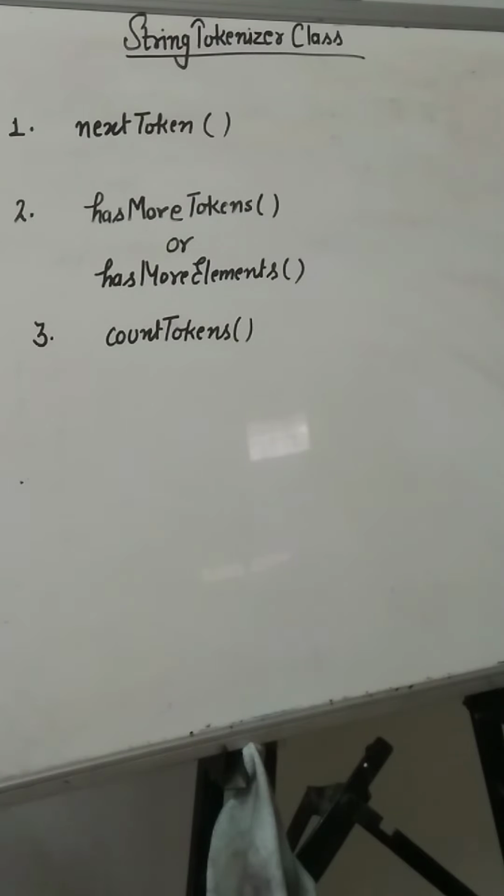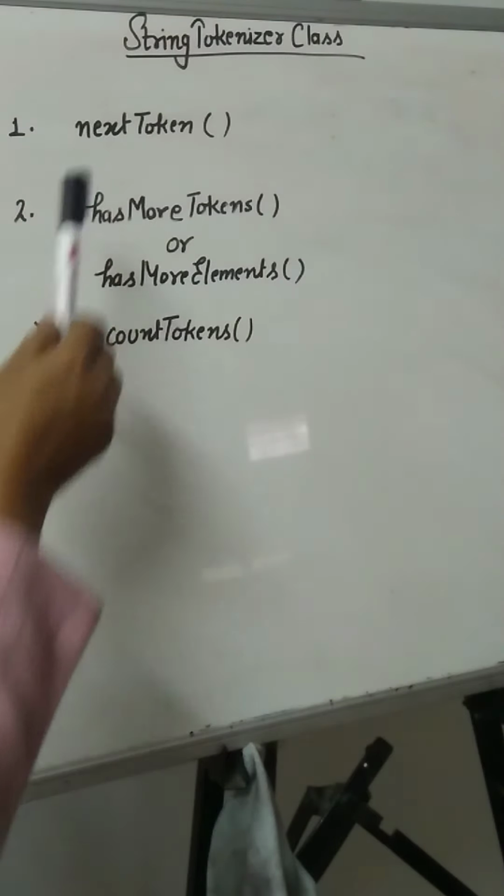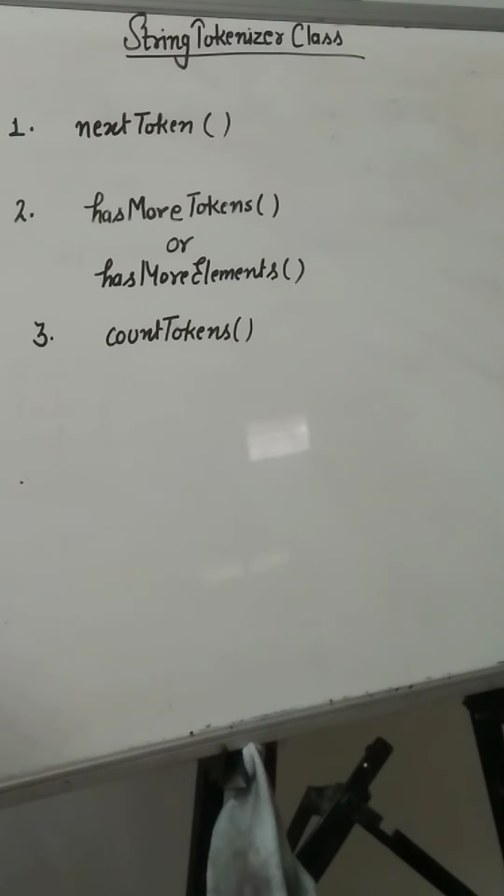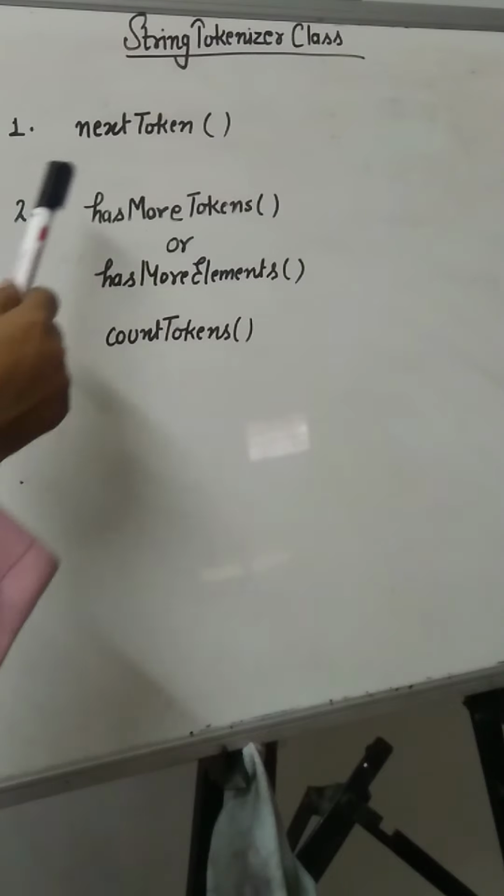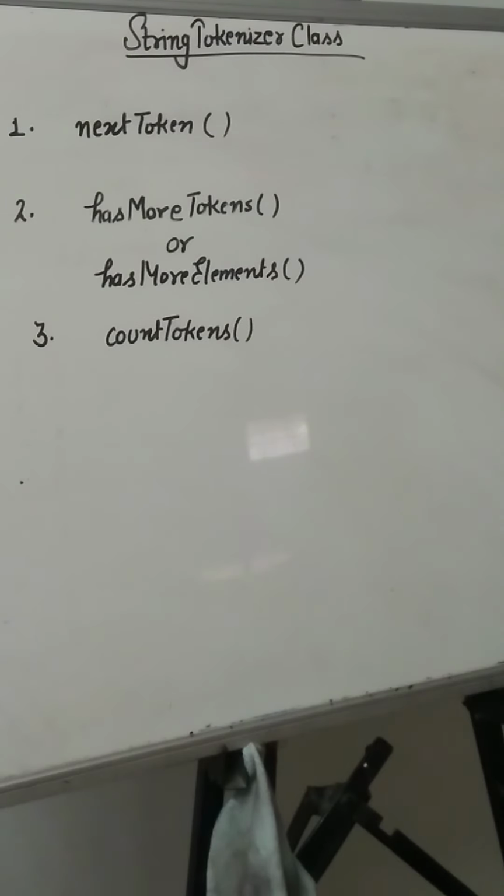This function is used to extract the consecutive tokens from the string. It stores the word or string, so the data type must be String.